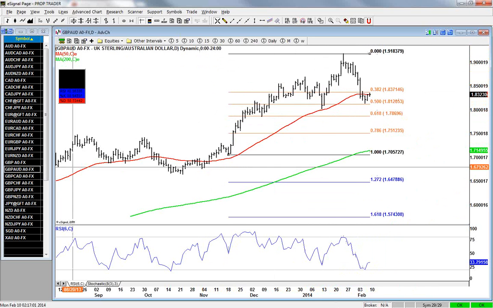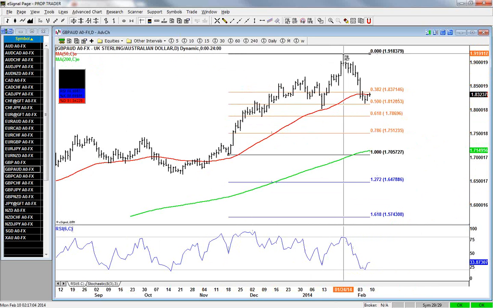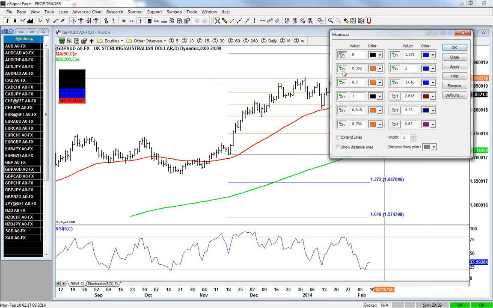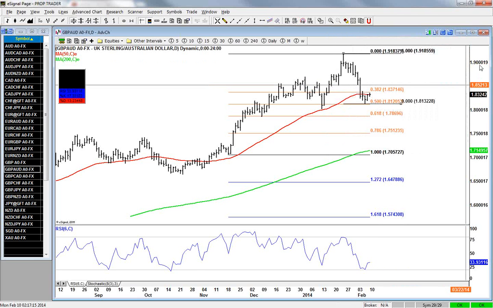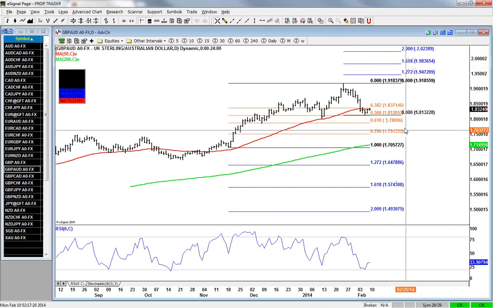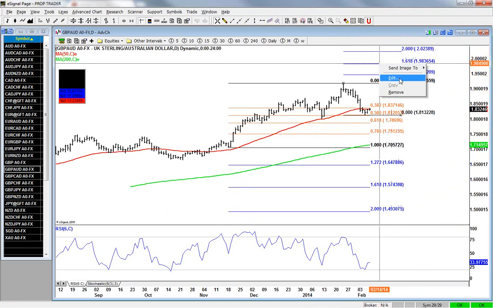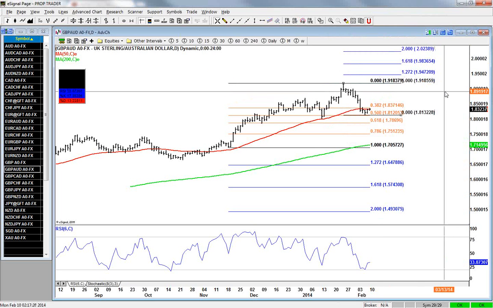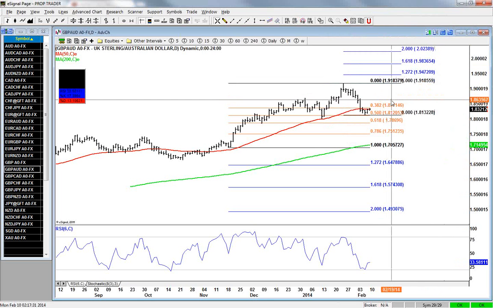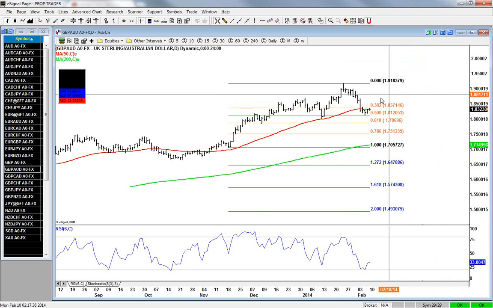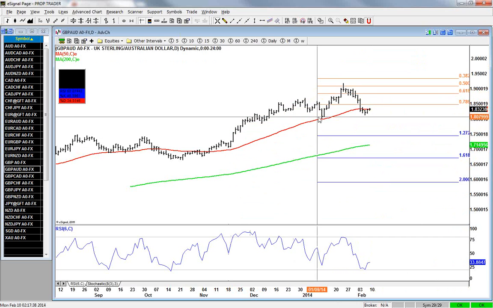Drawing this, unless you're looking for extensions by drawing that, and you're taking these out, and looking at your extensions, yeah, up here. So that doesn't make sense. So be careful where you're drawing your fibs from, okay?